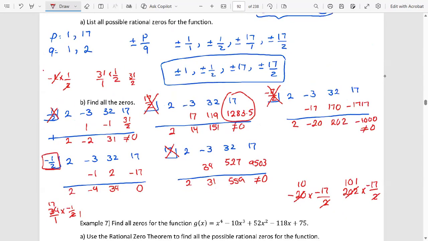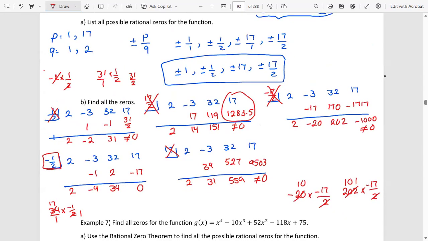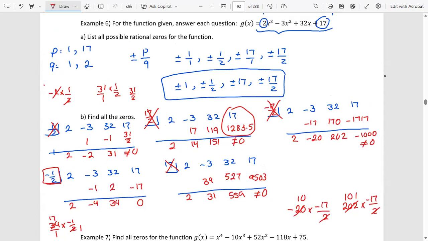What does it mean? Based on the fundamental theorem of algebra, every polynomial function has at least one complex 0. So right now, I had a third degree polynomial here. I expected to have 3 zeros, but I only got 1 zero, which means the 2 other zeros are complex numbers. So I only have one real 0, which is negative 1/2, and the 2 other zeros that I expect to have are complex numbers.